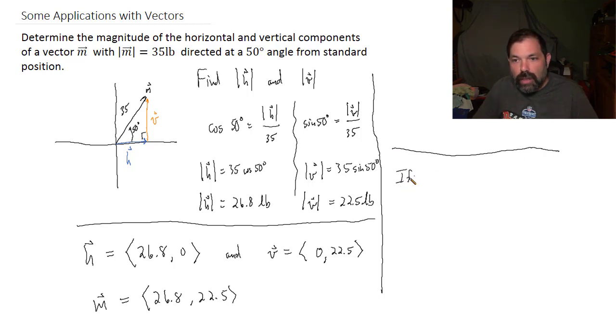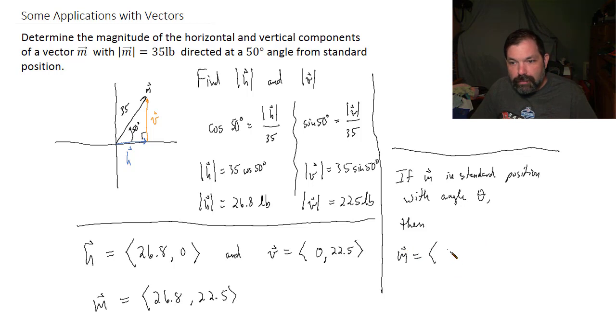If we have a general m vector in standard position, with angle theta, then the m vector can be written in the standard vector form as ⟨magnitude m cosine theta, magnitude m sine theta⟩.